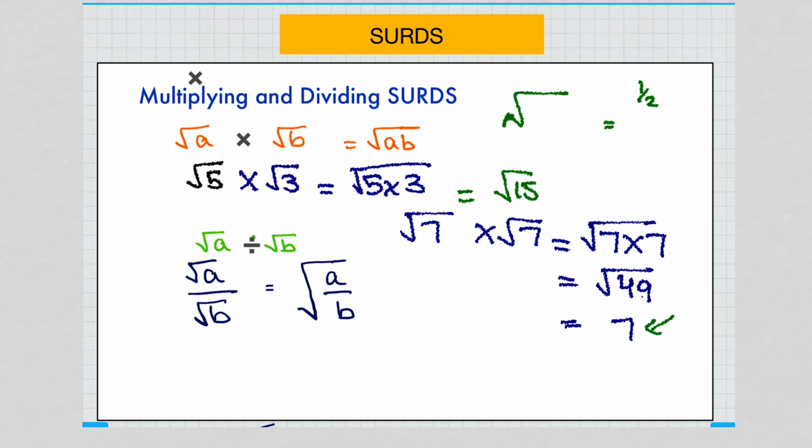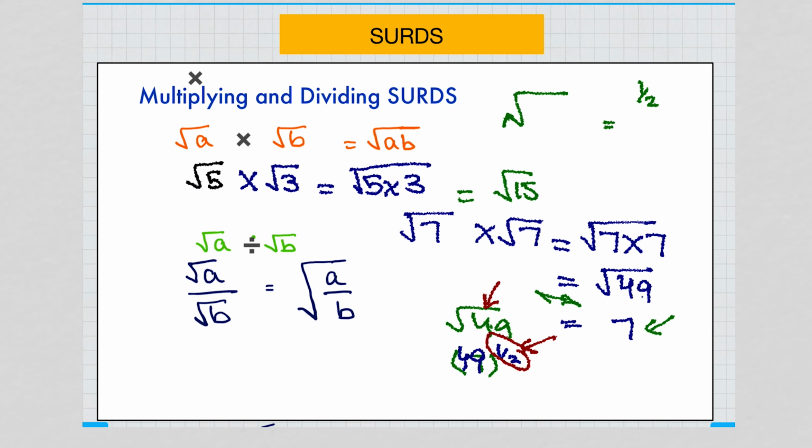So in this question, root 49, I can write as 49 to the power half. The reason is that the square root has a value of half.